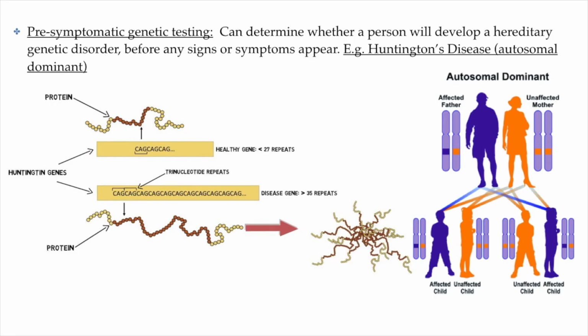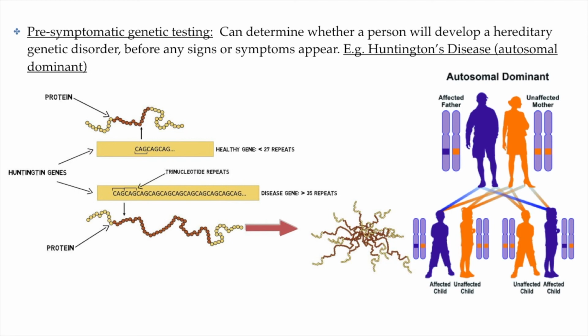And it is caused by a 3-letter repeat in the genetic code that codes for a brain protein. So these repeats cause the protein to become faulty. And the more repeats a person has, the worse the protein is and the worse the disease gets and the faster it progresses. And so although you are born with a genetic mutation, symptoms of Huntington's disease don't usually start until middle age. And because it is progressive, it gets worse over time.